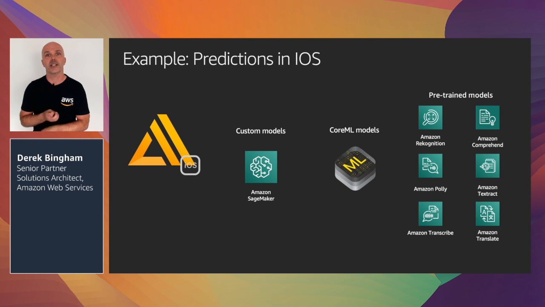So Amplify predictions on iOS allow you to do that quite simply. As well as enabling you to use Core ML on the device, we can also build our own custom models and deploy them on iOS through services like Amazon SageMaker.